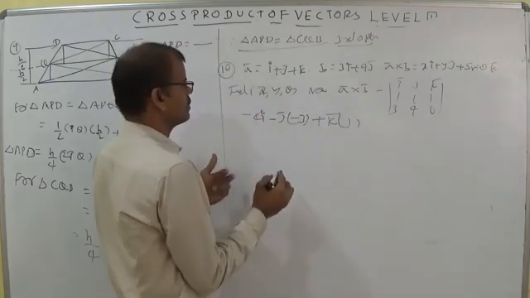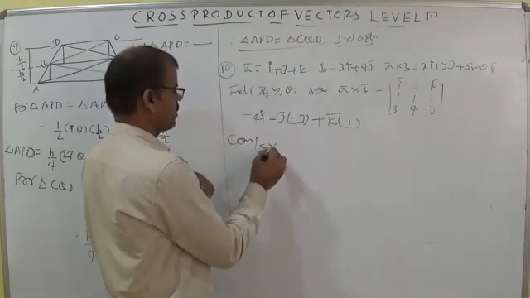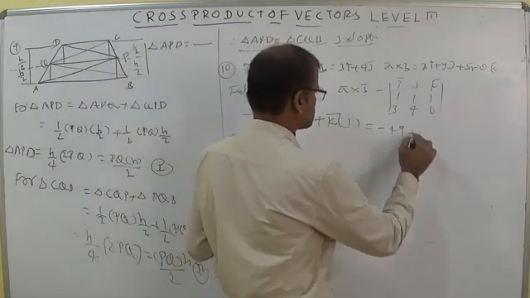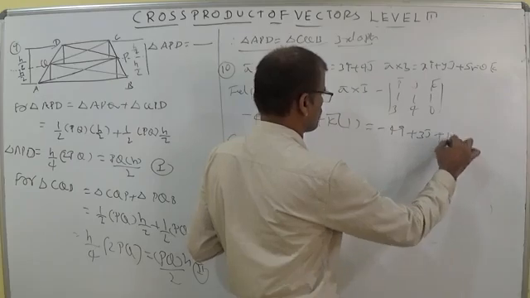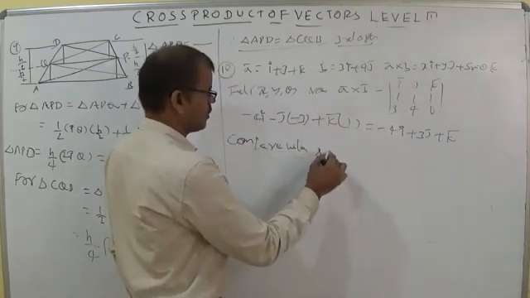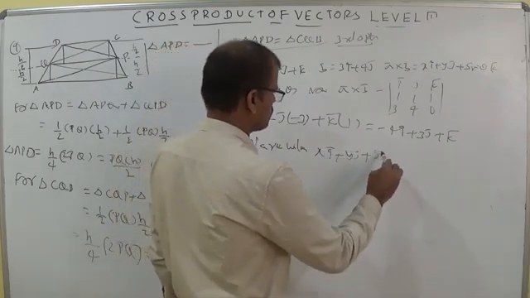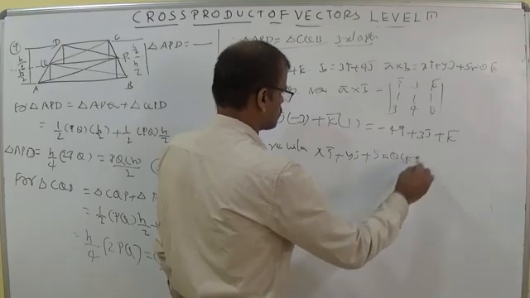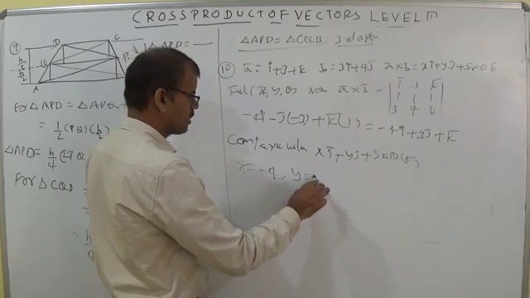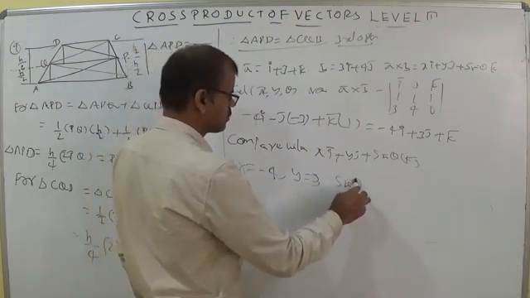Compare: the value is minus 4i plus 3j plus k, with the given value X i plus Y j plus sin theta into k bar. So X becomes minus 4, Y becomes 3 and sin theta is equal to 1.